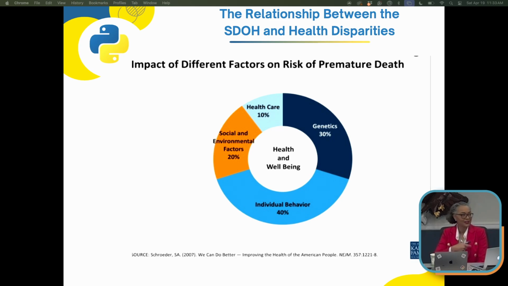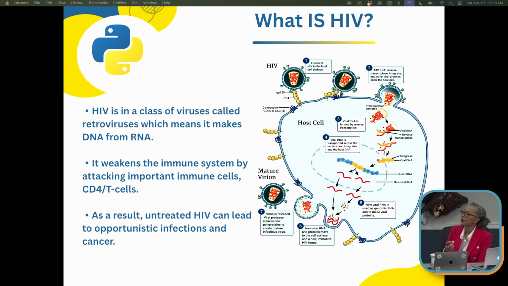So I had to address my own bias, right? Everybody has it, no matter what your background is. We all have bias, and some people's bias is more impactful or more profound than others. But this was a real wake-up call to me about how I think about the communities that I hope the work that I do will impact, that most of what they deal with has nothing to do with their behavior. Okay, so moving on.